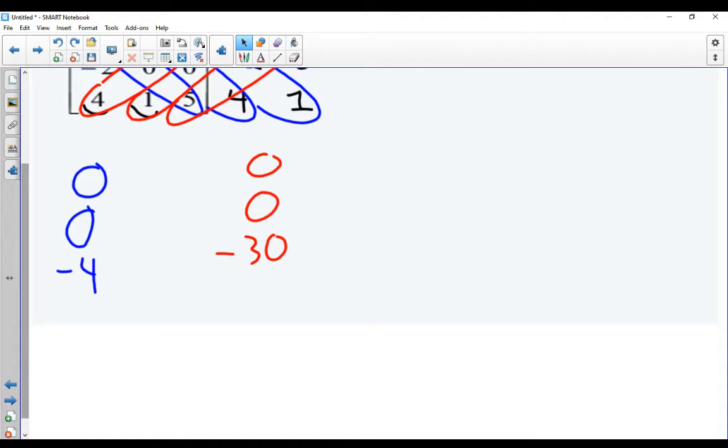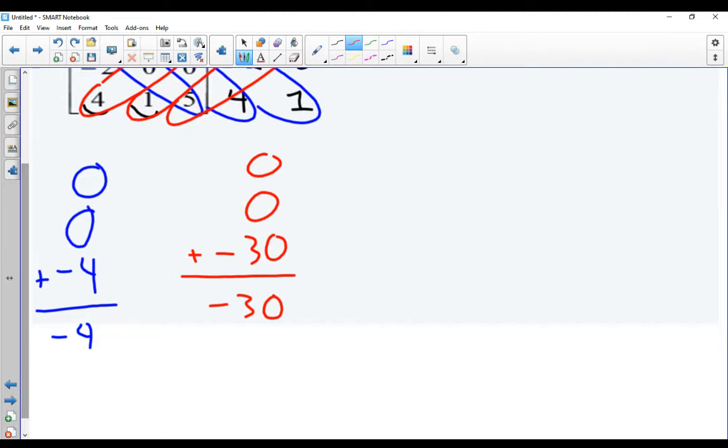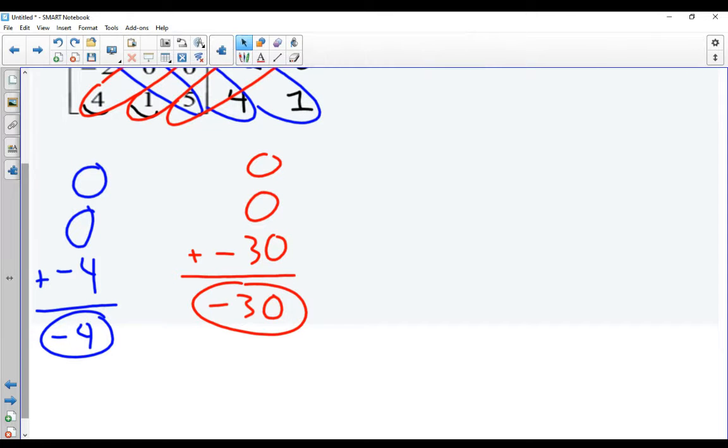Now, next, I want you to combine all of the numbers in blue to give you -4. Then combine all the numbers in red to give you -30. So here's your downward diagonal number. Here's your upwards diagonal number. And once you have those 2 numbers, subtract.